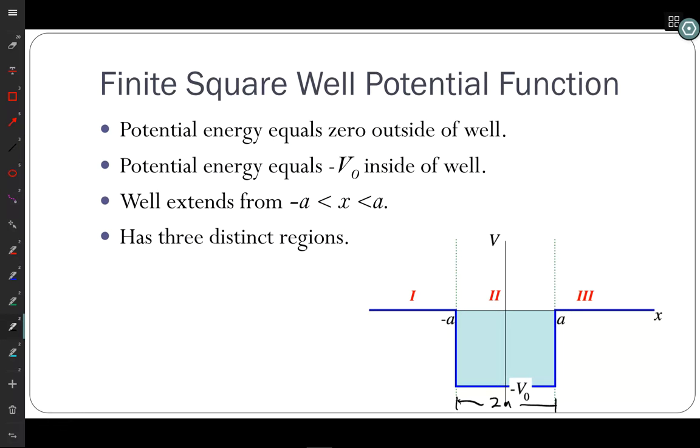It still has three distinct regions. So if you're going to solve this, you should use the same process we did before. We found a solution in region 1, a solution in region 2, a solution in region 3. Then we used boundary conditions to relate those solutions. What's different here is that it's not 0 probability of being in region 1. It's not 0 probability in region 3.